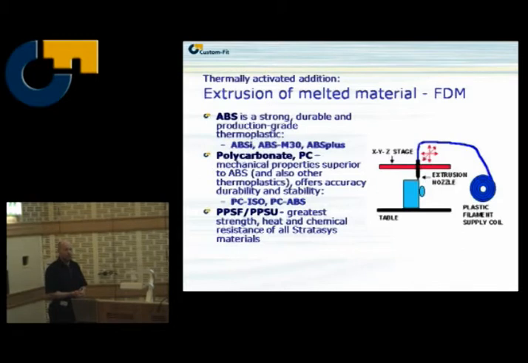There's some difference in strength in material properties depending on building direction, but it's used for rapid manufacturing purposes on some occasions. Polycarbonates, a little bit stronger, a little bit different properties, can be mixed together with ABS.